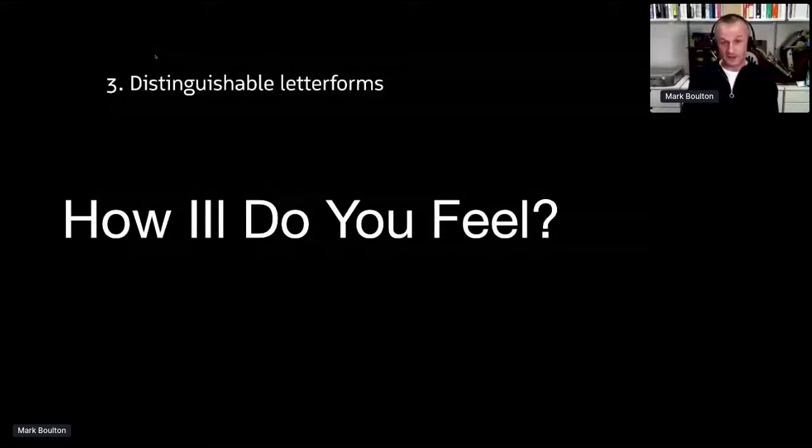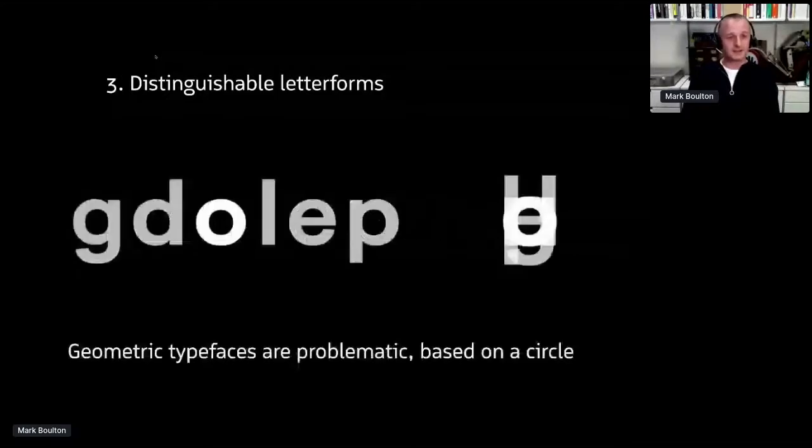Another family of typefaces, not just one typeface, but a whole family that is problematic, is geometric typefaces. An example of this would be Futura or Avenir. Those are letter forms that are based on a circle. So when you overlap those, there are a lot of similar shapes, and you can't see much distinction between the letter forms.